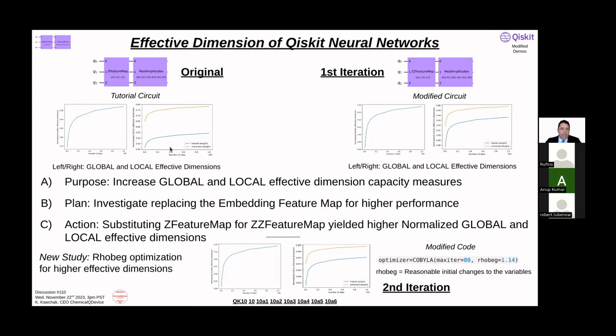So they say global and a local effective dimension is a dimension capacity. So this is more of a fundamental study, but ideally you can make these modifications to the different algorithms. So say, for instance, in this case, you want to go high with effective dimensions. Now, there's been some ties with this with overfitting.